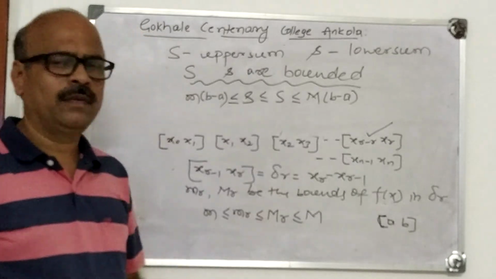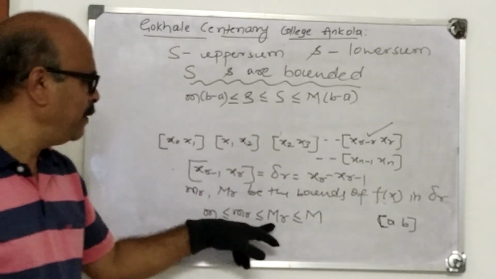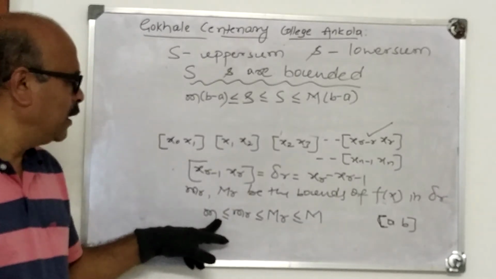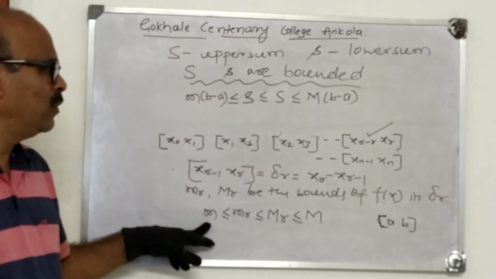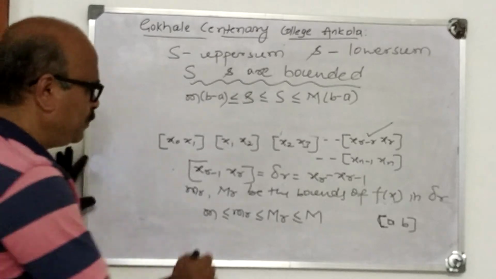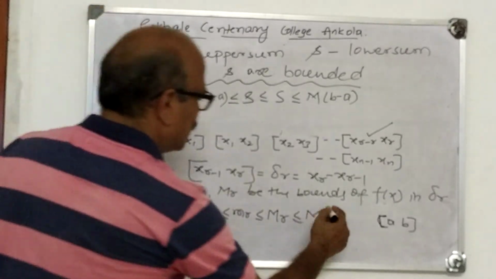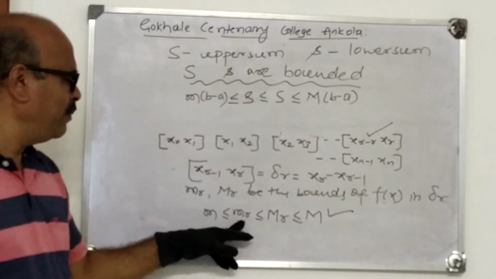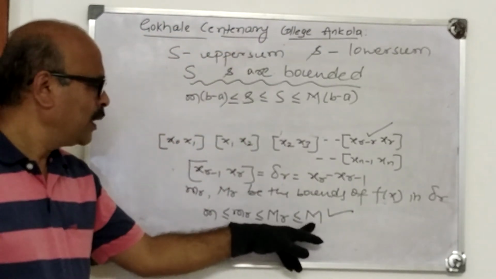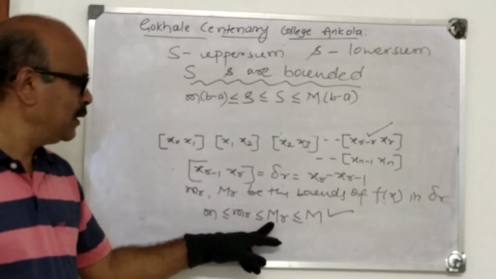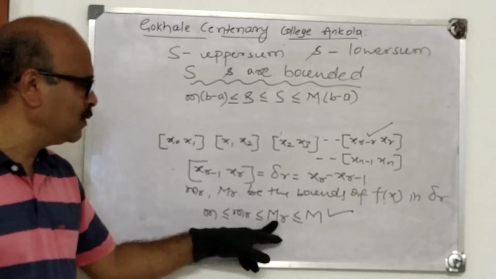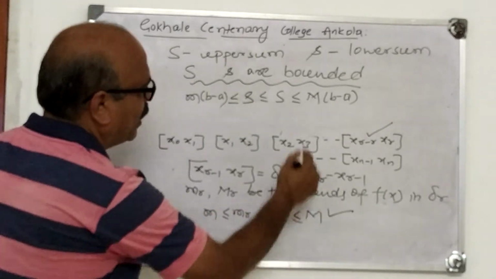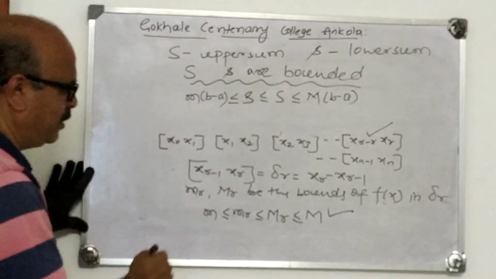Therefore, obviously, capital Mr is less than or equal to capital M, and small mr is greater than or equal to small m. We start with this: small mr is greater than or equal to small m, and capital M is greater than or equal to capital Mr. Capital Mr is the upper bound in the r-th subinterval, and small mr is the lower bound. Capital M and small m are the bounds of f(x) in the entire interval AB.